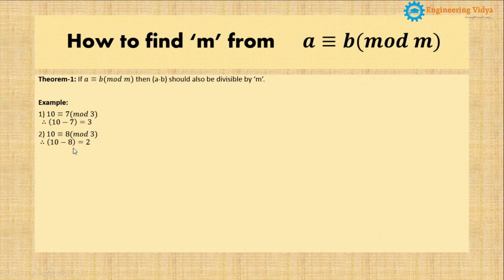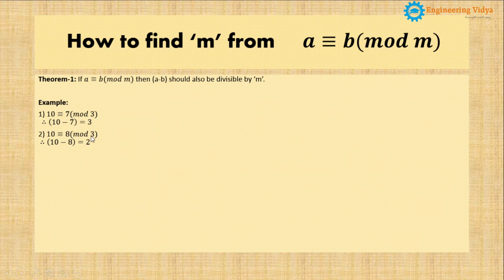Why? Because the condition we have taken, 10 congruent to 8 mod 3, is not true. This condition is wrong. Why? Because 10 mod 3 is equal to 1, and 8 mod 3 is equal to 2, and 1 is not equal to 2.